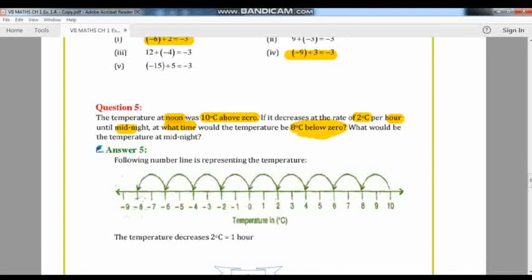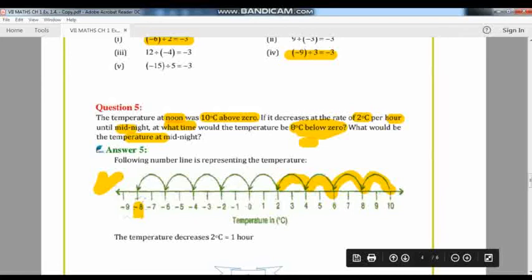It means the temperature will be minus 8. Now what will be the temperature at midnight we also have to find. Now as per the question, it is very clear from this diagram that it was 10 degrees at noon and it has been decreasing 2 degrees every hour. So we have to jump 2 degrees. Clear? And we have to reach minus 8 in order to get 8 degrees below 0.